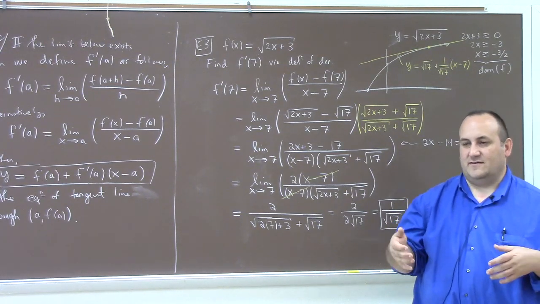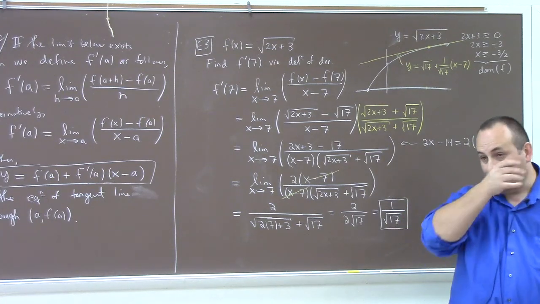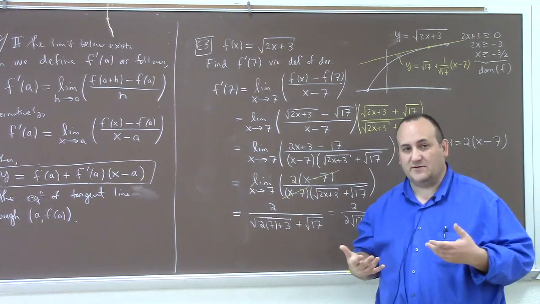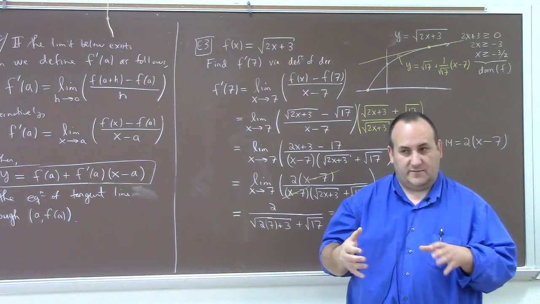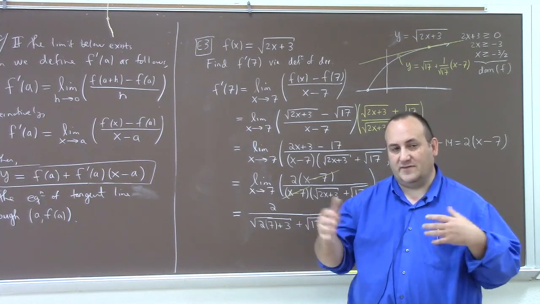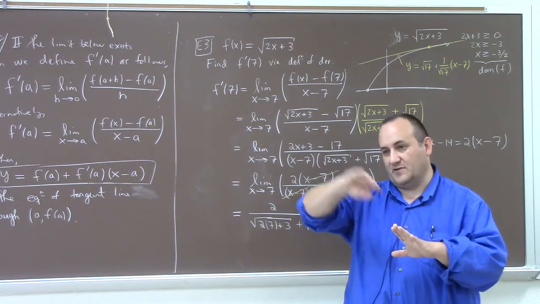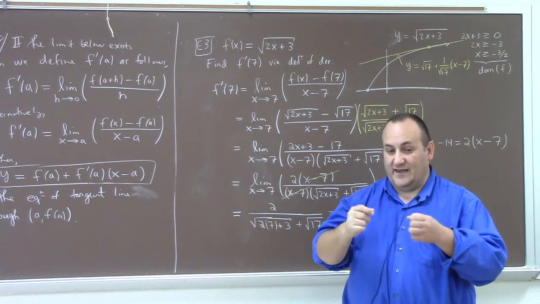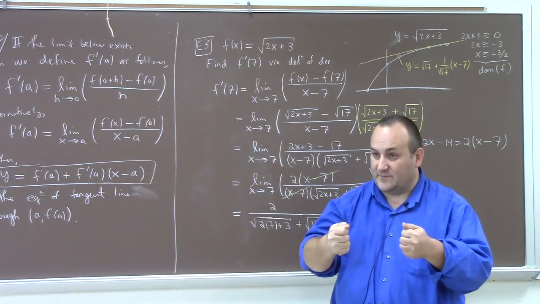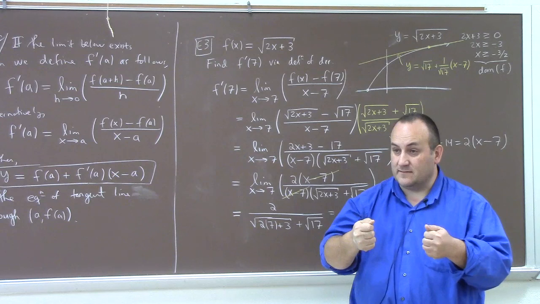So consider this. There are people who work in industry or applied mathematics who don't have formulas for the function. Theoretically, there's some function that describes a physical process, but you don't actually have a formula that describes it. All you have is data.